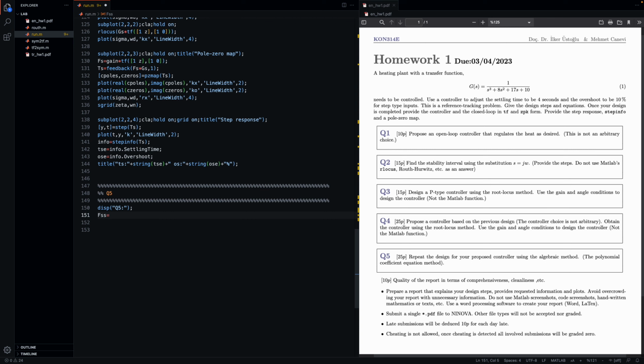So let's start with the controller definition. The controller is going to be Kp times S plus Ki divided by S. Now you might be wondering why I'm using Kp Ki here instead of using K times S plus Z divided by S. Now the definition here looks more likely for a root locus method, because we see what the pole is, we see what the zero is, and then we look for the p-type part of this controller here.